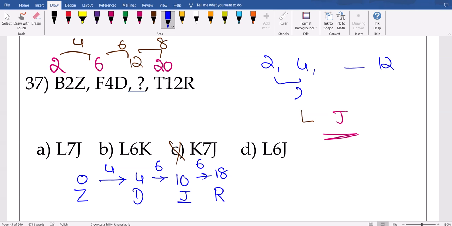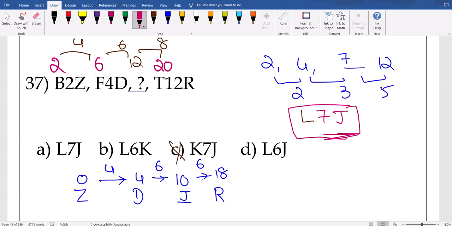Here 2 gap. 4 to 12 we have 8. 8 can be split as 3 and 5, prime numbers gap. Differences are prime numbers. Compared to 6, 7 is best suitable. Differences are prime numbers and we start with L, end with J.